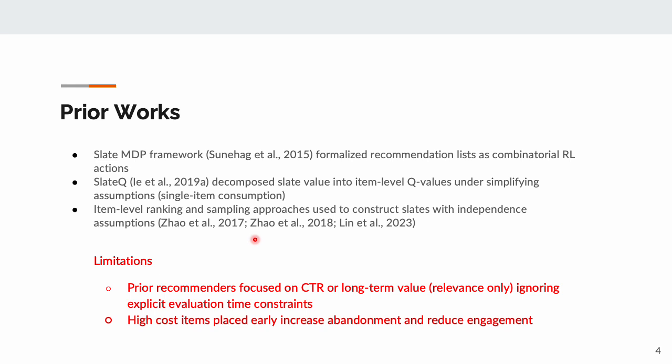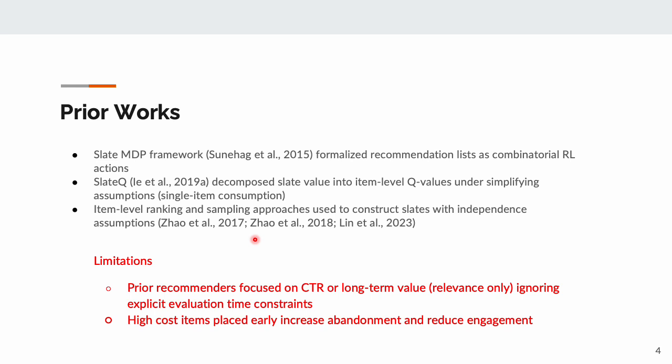There have been a lot of prior works done in this area. Initial works formalized slate recommendation in an MDP framework using a combinatorial approach, where the recommendation agent learns values of individual items independently and selects the top K items. Later, SlateQ introduced a new method to decompose the value of slate into item-wise components, making it practical to do value-based Q-learning.